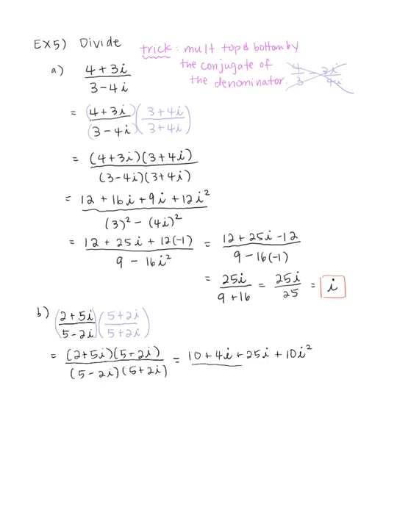Okay, now whole thing divided by 5 squared minus 2i squared. All right, we got this. So this is going to become 10 plus 29i, and then plus 10 times negative 1, whole thing over 25, and minus 4i squared.